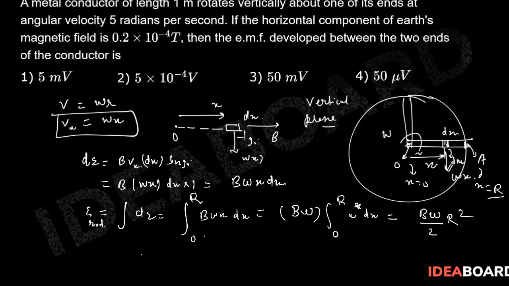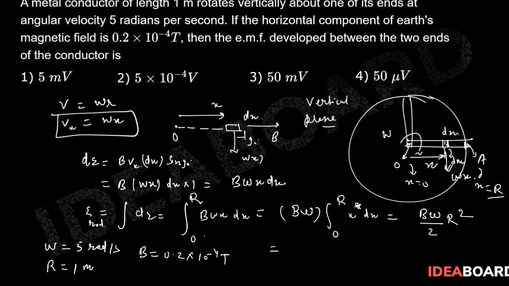So what values are given? Omega is equal to 5 radian per second, r is the length of the conductor, which is 1 meter, and the magnetic field's value is 0.2 into 10 to the power minus 4 Tesla.